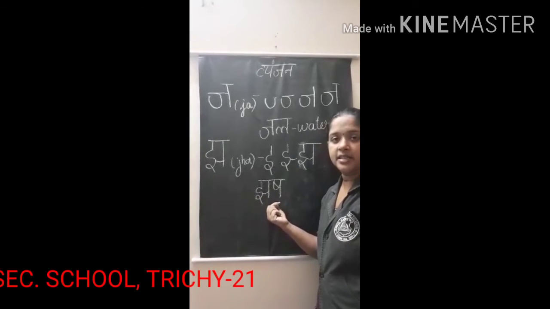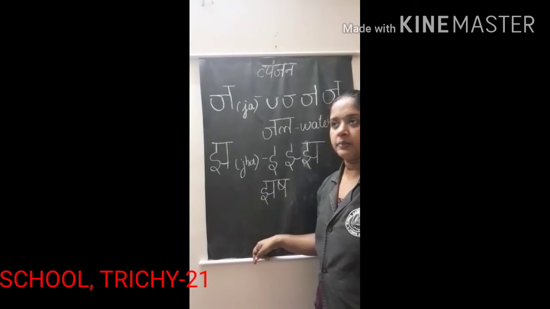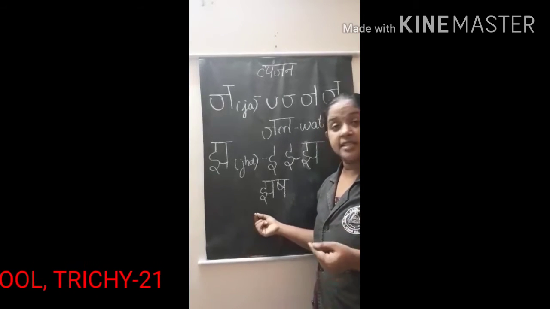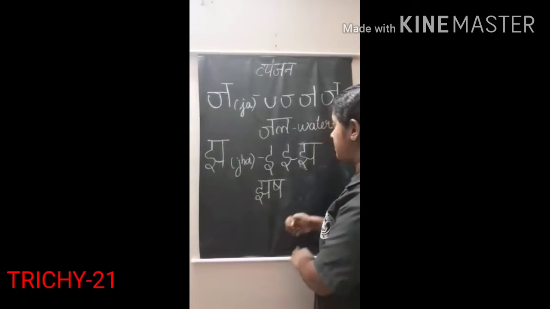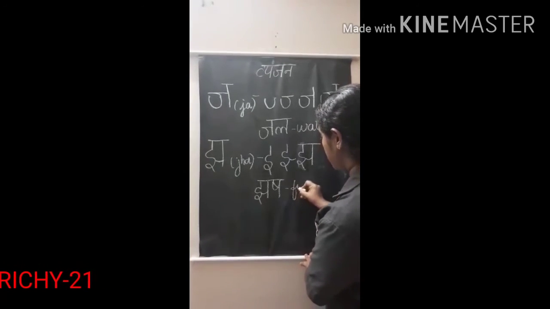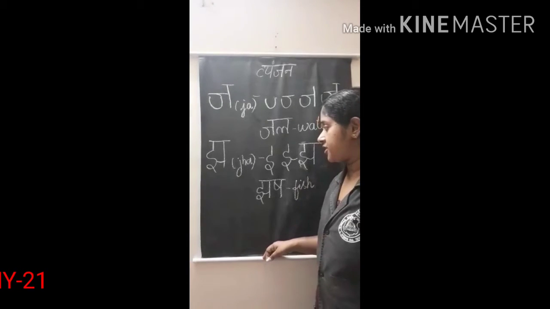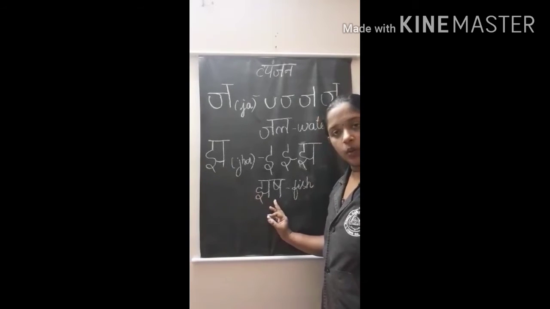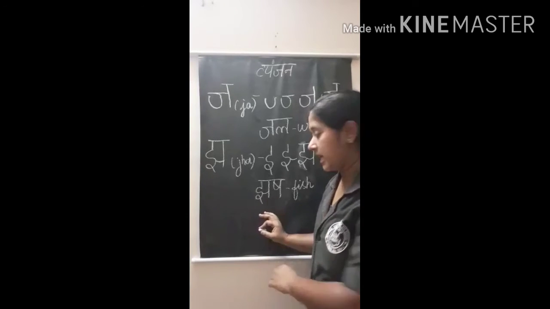Jhasha means fish. Machali also we say for fish, but jhasha is another name for fish.